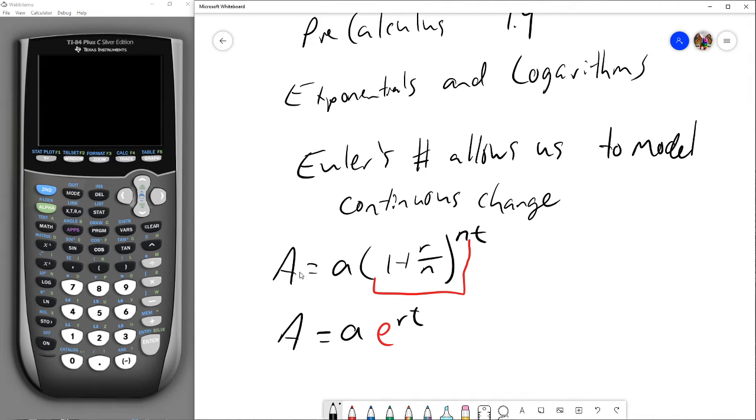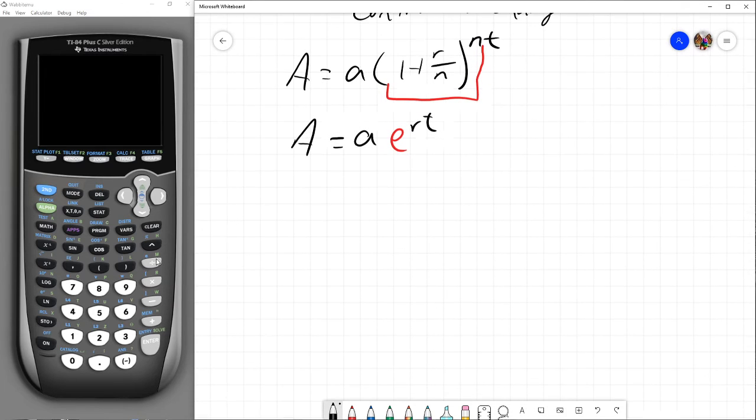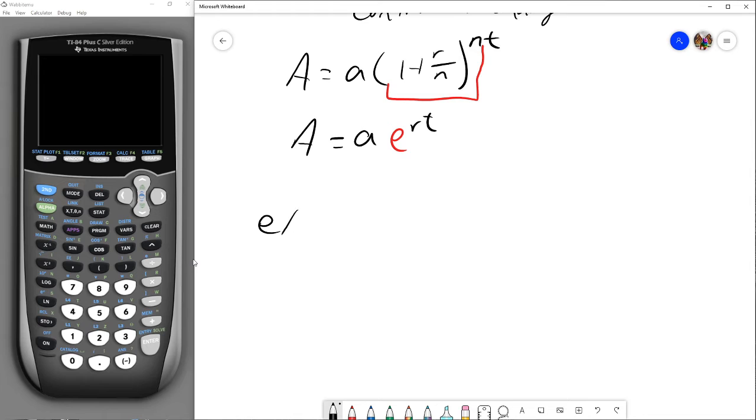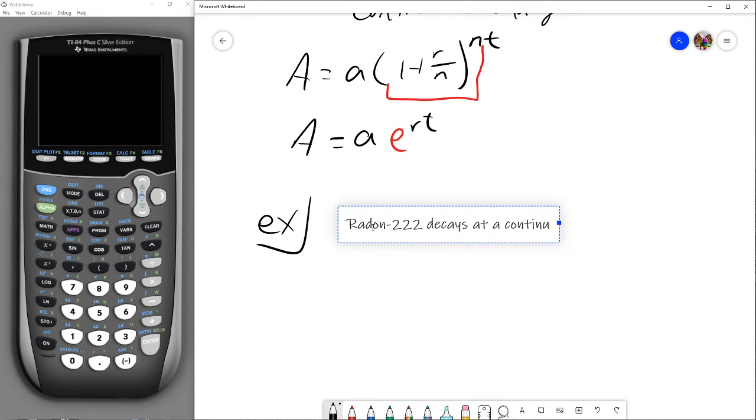So let's go ahead and look at an example. This is an example of radioactive decay. Let's type this out. We have, how about radon 222? We know it decays at a continuous rate of 17.3% per day.